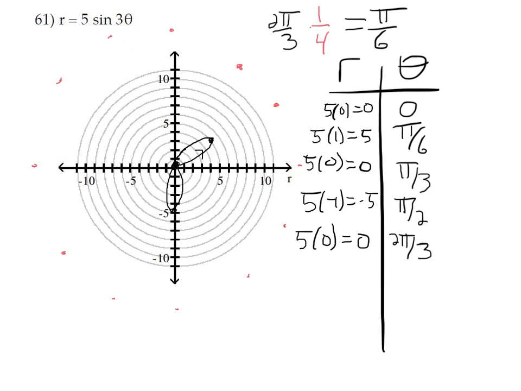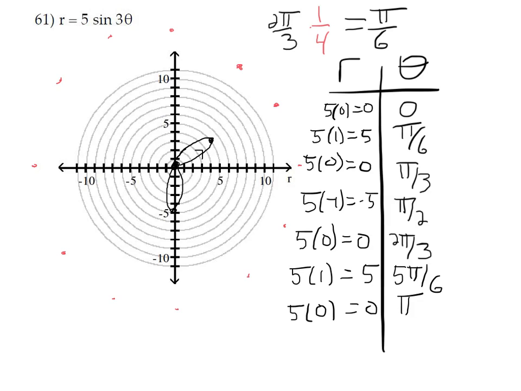Alright, so we're not quite done. Let's continue on in this pattern. 2 pi thirds, 4 pi sixths, plus 1 is 5 pi sixths. And then 6 pi sixths is pi. Continuing on, look at our pattern: 0, 1, 0, -1, 0, 1, 0, etc. This is an easy pattern. You could also just plug stuff in.